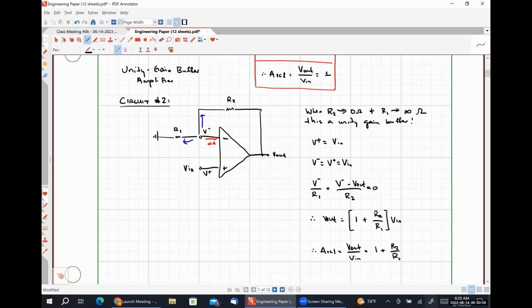So the gain of this amplifier is established by the ratio of the resistances that we use or that we bias this thing with, right?